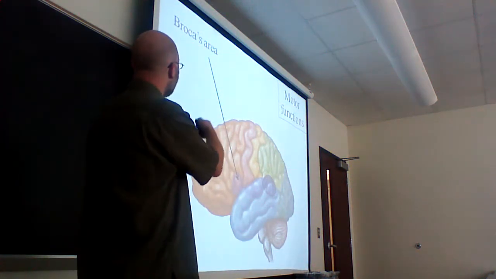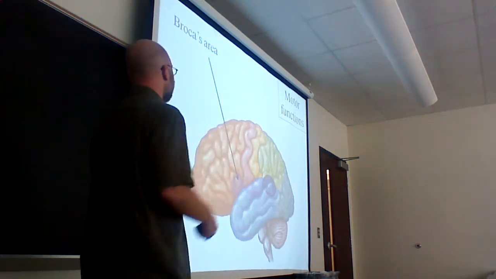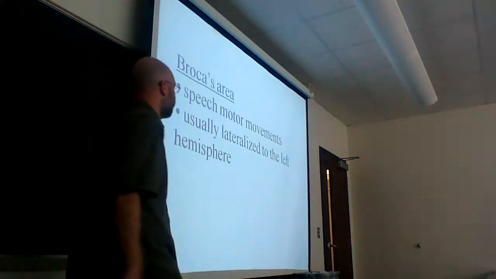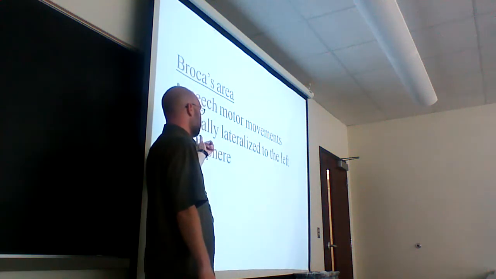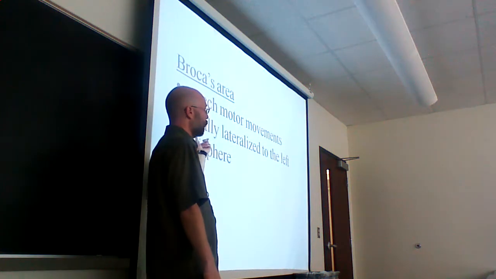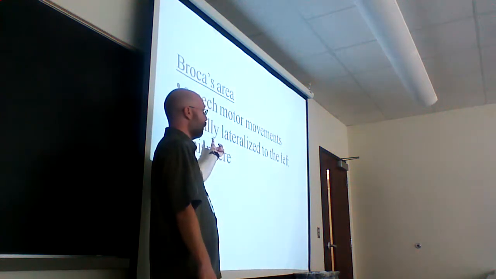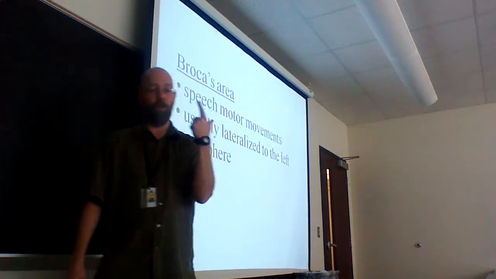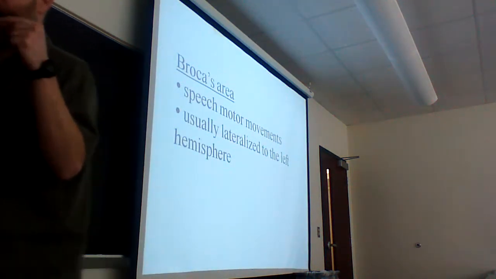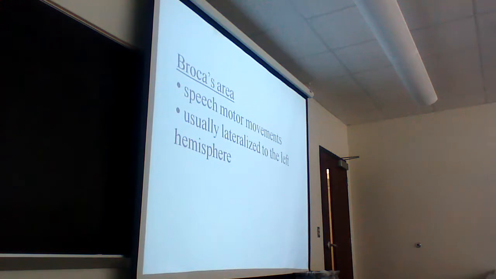So we have a relatively large chunk of brain space responsible for generating those articulations. In the lecture exam, this is one of those things that's usually lateralized to the left hemisphere. The model upstairs, though, one of the two at least, has it on both sides, and that's not technically correct.